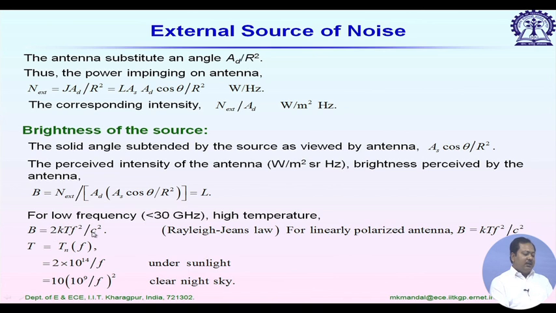So for a linearly polarized antenna, B is equal to kT f square by c square, and the corresponding T is obviously a function of frequency. Approximately this is 2 into 10 to the power 14 by f under sunlight, and 10 into 10 to the power 9 by f whole squared under a clear night sky. So it varies with the condition.